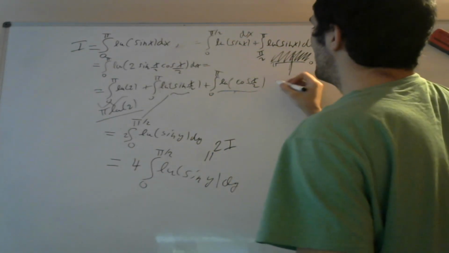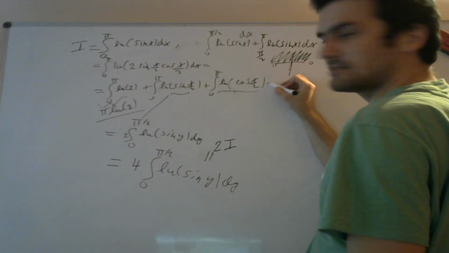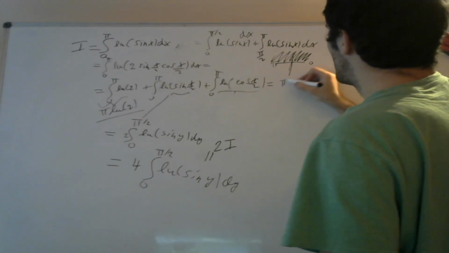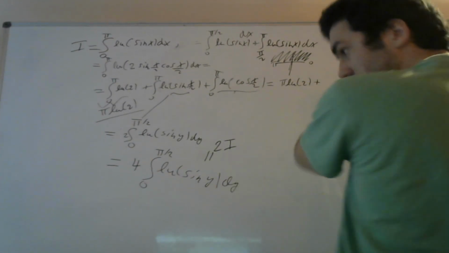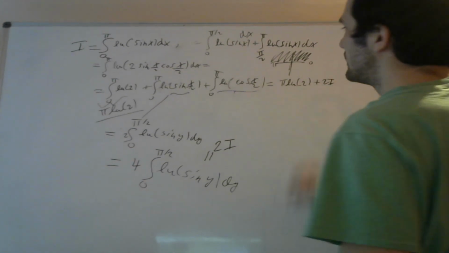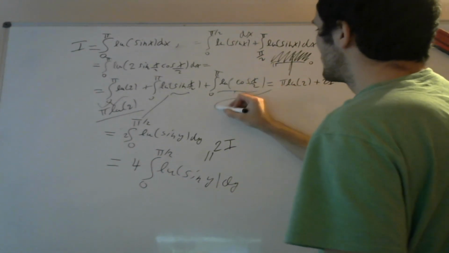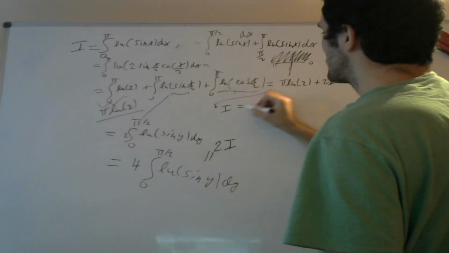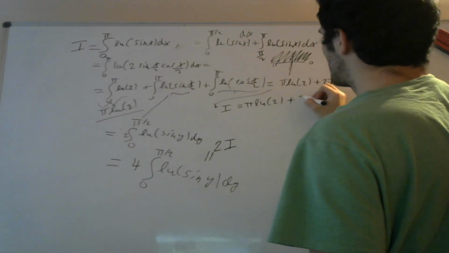So altogether, let's continue with the evaluation. Our integral equals pi ln of 2 plus 2I. And don't you remember, it was equal to I. So I equals pi ln of 2 plus 2I.